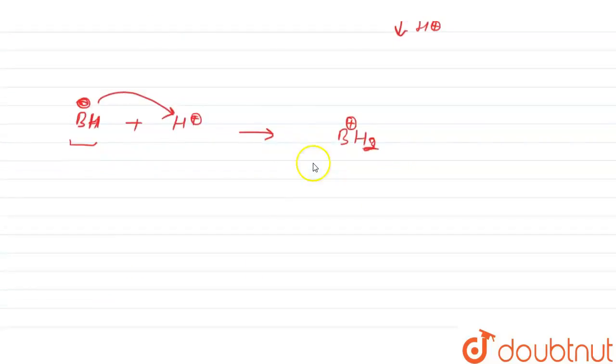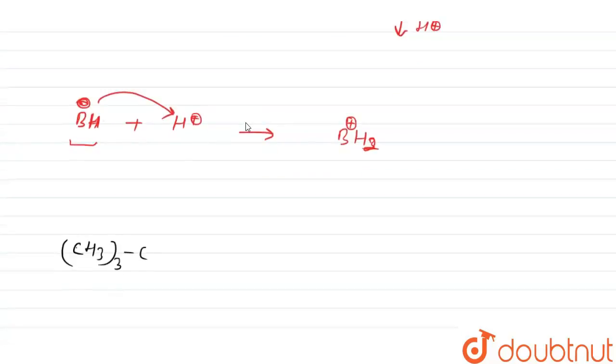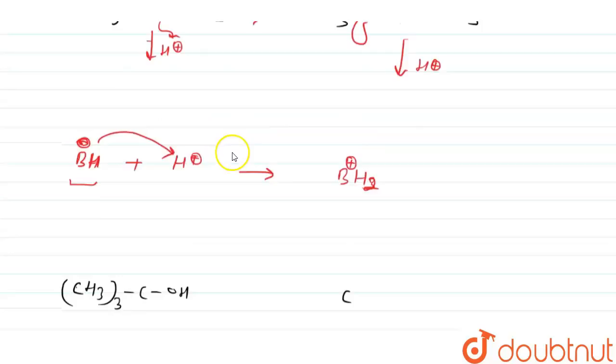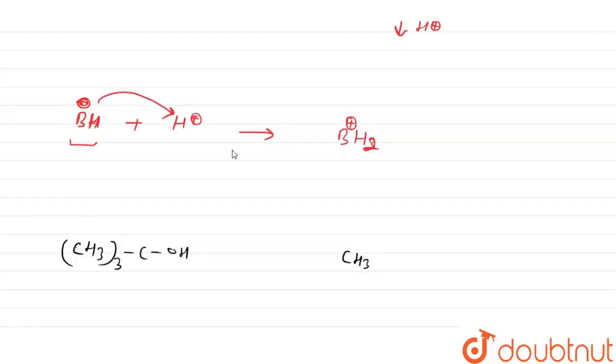Okay, so let's see this question. We have two acids: (CH3)3COH and (CH3)3SiOH. We need to check the acidity.